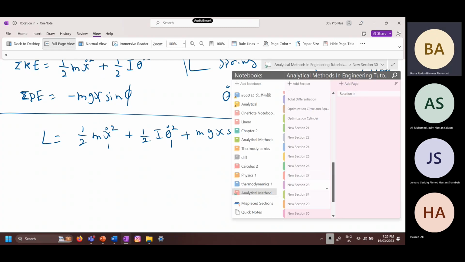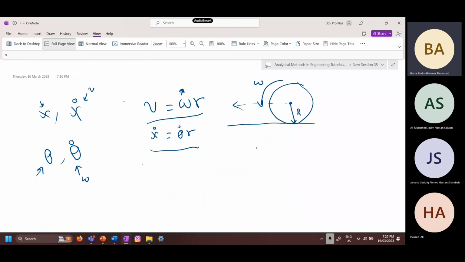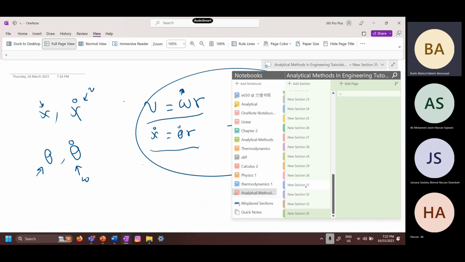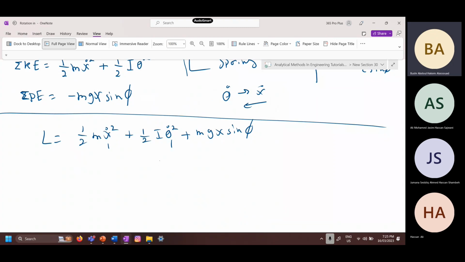As I said earlier, we need to use these equations to solve that question. What we know is that x dot is equal to theta dot r.